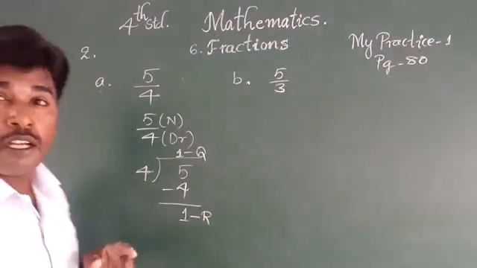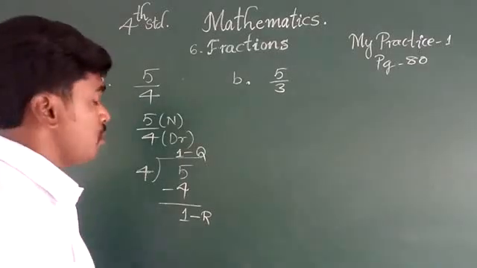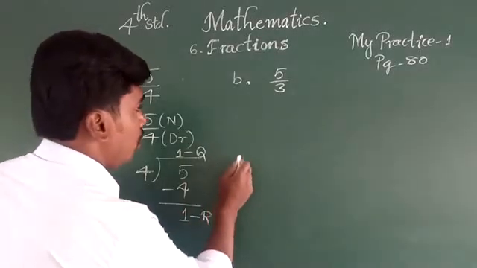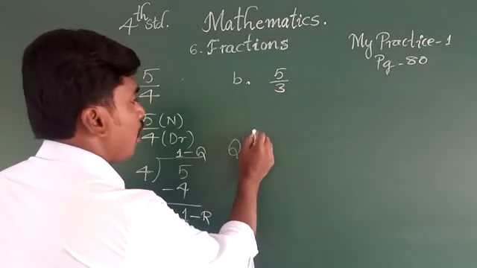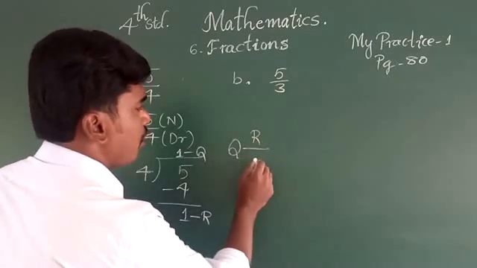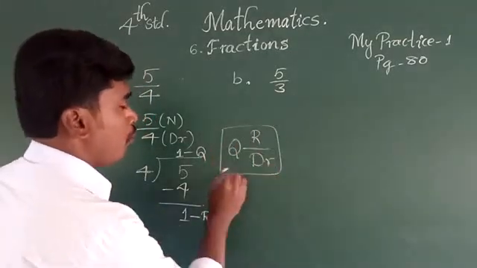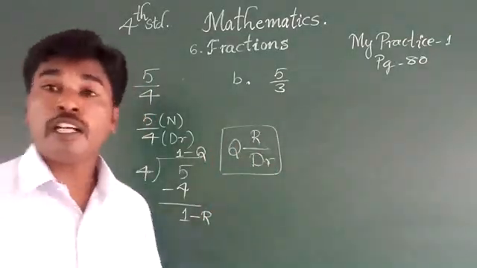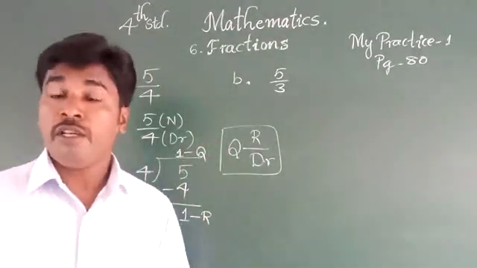So how to convert improper fractions into mixed fractions? Here is a general rule. We write the quotient, and the remainder by the denominator. This is the formula to convert an improper fraction into a mixed fraction.